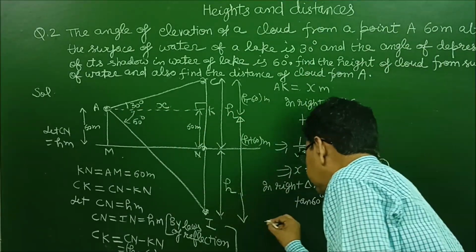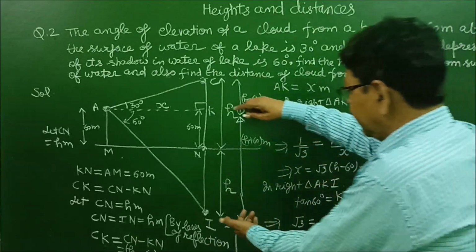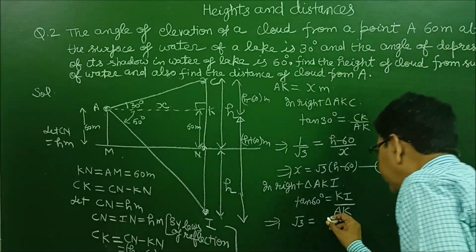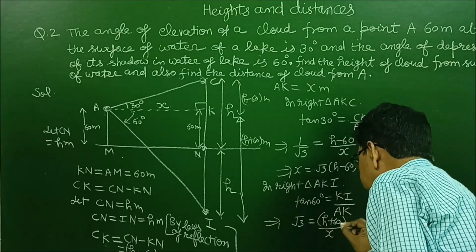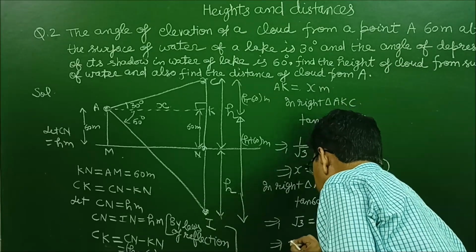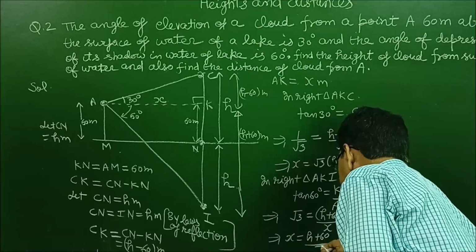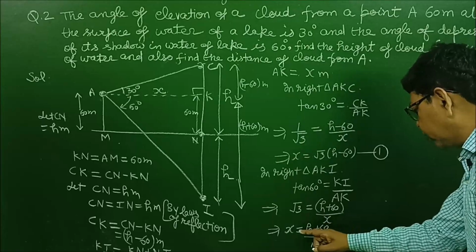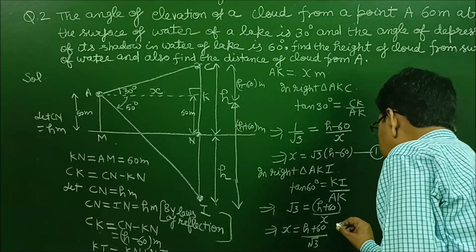Tan 60 we know is equal to root 3, which is equal to KI, which we have calculated as H plus 60, upon x. Now by cross multiplication or rearranging we can get the value of x: root 3 x is equal to H plus 60, so x is equal to H plus 60 upon root 3. This is number 2.